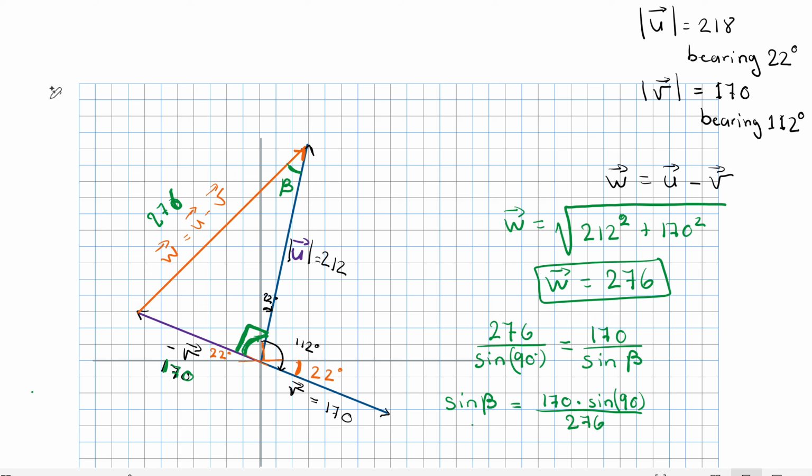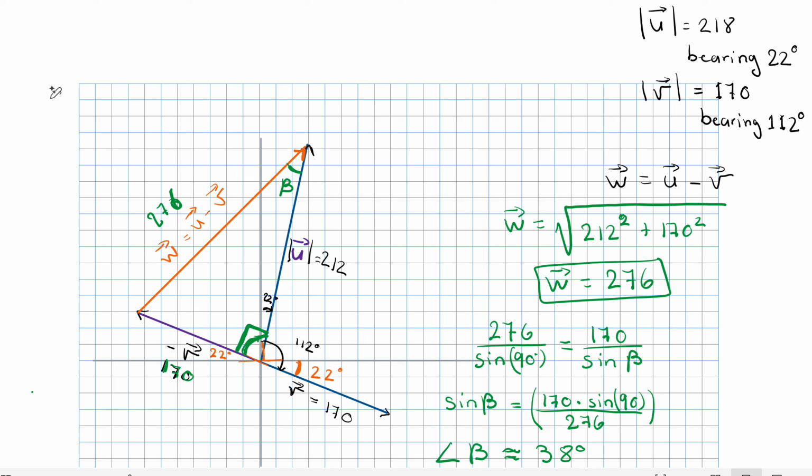And then I'm going to do the sine inverse of that. So all of that inside the sine inverse. So my angle beta will then be equal to sine inverse of that fraction. And when I put that in my calculator, I got that angle beta is about 38 degrees.